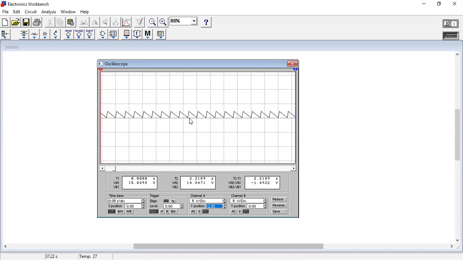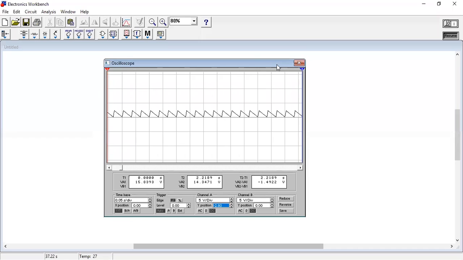Okay, this one is for the output. So now we can change the capacitor's value and find the output voltage. We already found the input waveforms, input voltage, and time difference value.